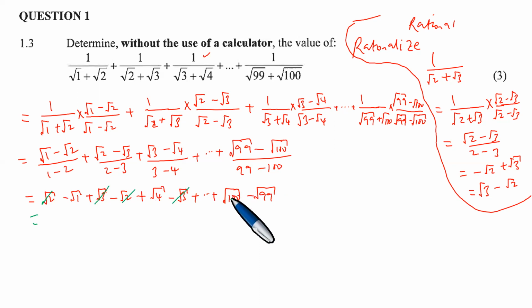So here, everything is going to cancel. So you're going to just be left with minus 1 plus the square root of 100, which is 10. And therefore, the result is 9. Okay, so we continue and we look at the next question, where we got 9 there.